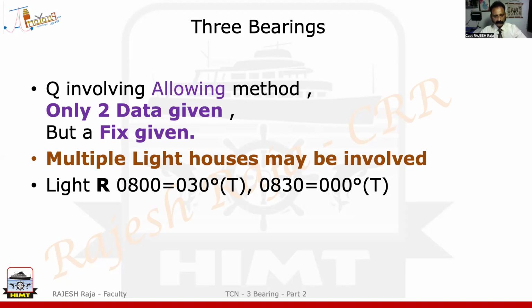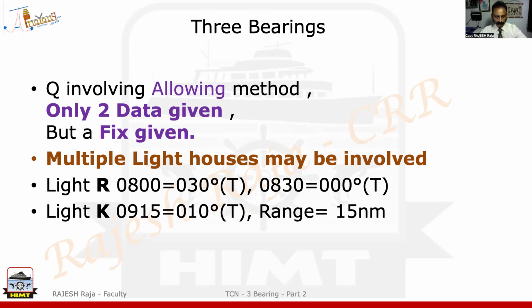And again, after sailing for 30 minutes, I'm getting one more bearing for the same lighthouse Romeo. Then I'm going to use a second lighthouse called Kilo, and after 1 hour 15 minutes from the start, I'm getting a bearing of Kilo also, but this time I'm getting a range as well.